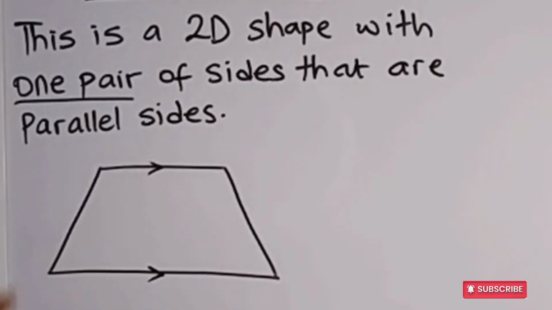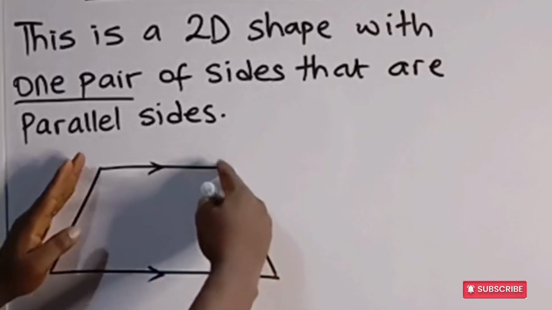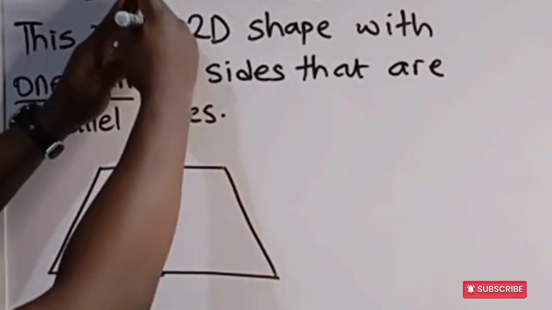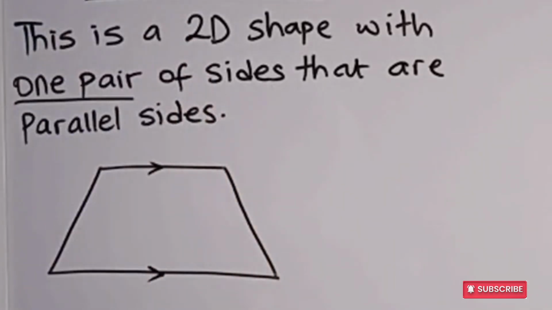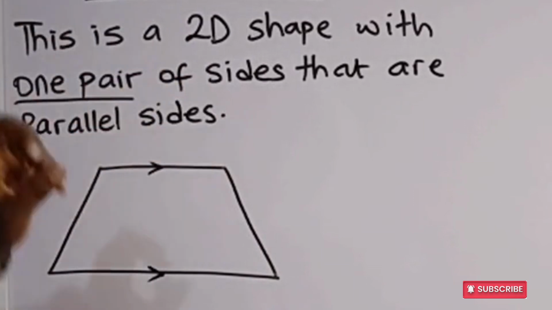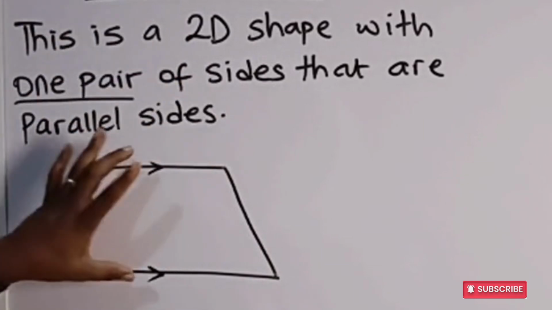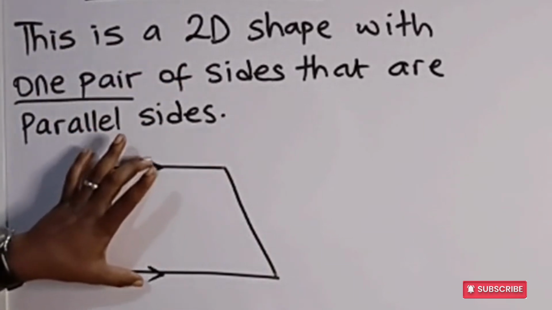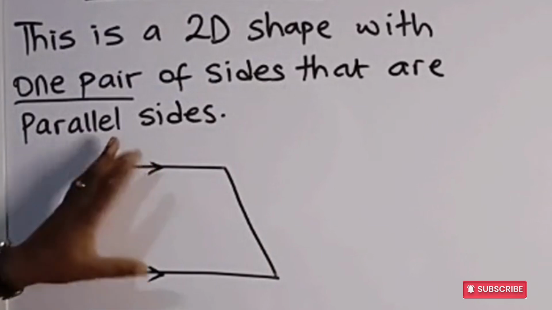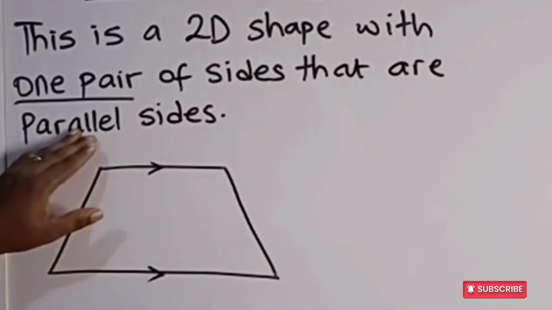But if you look at these two lines, if you extend them, at some point they are going to meet each other. So these two lines are not parallel. So that means this is a trapezium because only one pair of lines are parallel to each other.